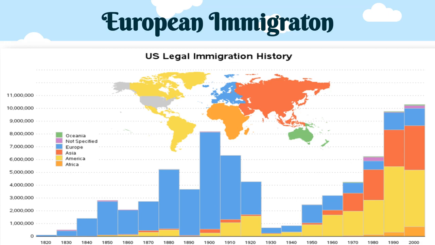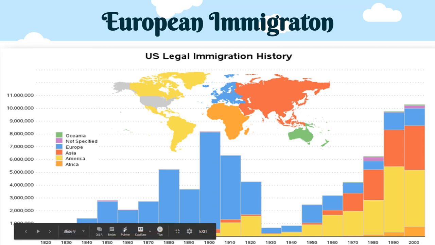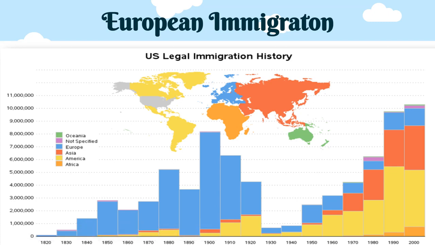So we look over at 1820, immigration was pretty low, and most of it was from Europe. And you see, European immigration was quite strong between 1800 and 1920. After that, you see it kind of slowed down.